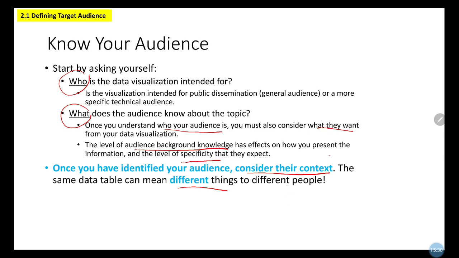So you have to consider their context, because we can produce various charts out of it, various representations. And you also have learned how to build different kinds of charts. So this is very important. You have to identify your audience, consider their context, and then it will help us to produce the right visualization for that specific audience.